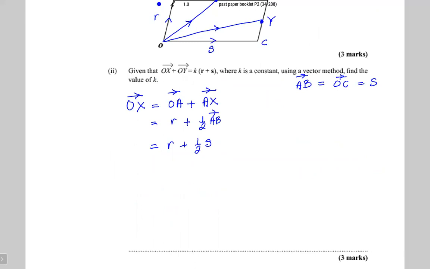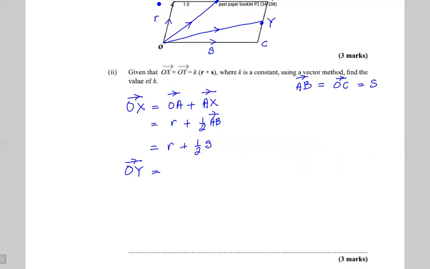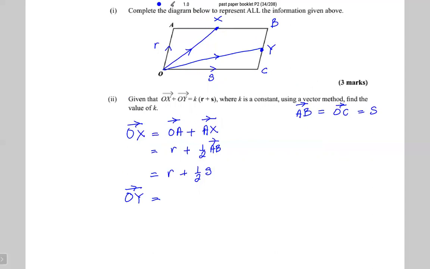Now OY would be equal to OC plus CY. Here's also something that we know: OA is equal to CB, which is equal to R. So this is going to be OC, which is S, plus CY, which is a half of CB.